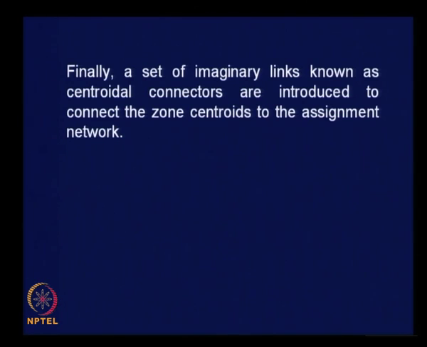And finally, a set of imaginary links known as centroidal connectors are introduced to connect the zone centroids to the assignment network. That is important. When we consider zone centroids as nodes, these nodes are to be connected to the main network, otherwise we will not be able to analyze the traffic flow and assign traffic.